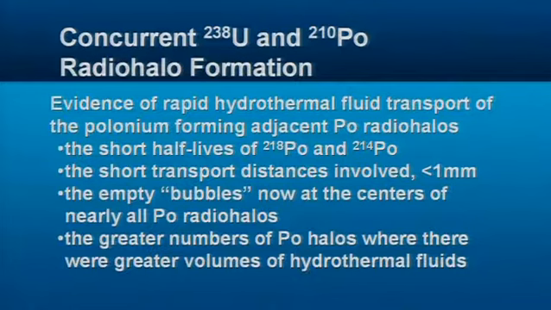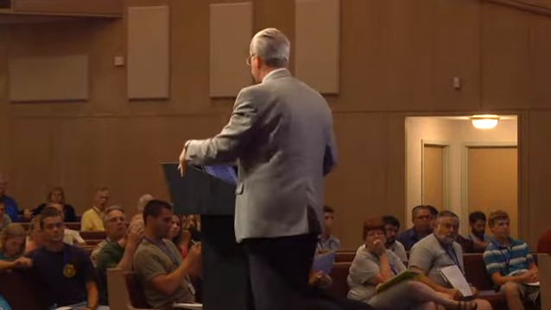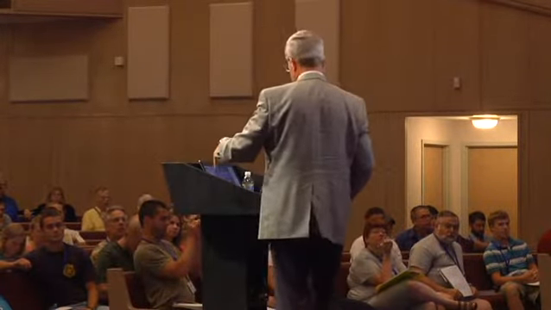And interestingly, and this is the crunch that we're going to test, the greater number of polonium radiohalos therefore implies there were greater volumes of hydrothermal fluids in those granites. Here's a way that we can test this idea. If it is the fluids, the more polonium, the more halos.